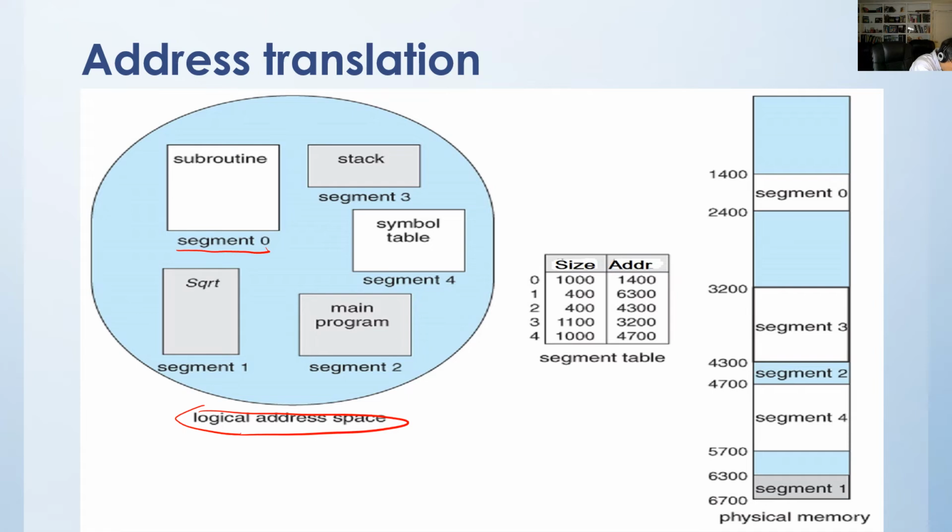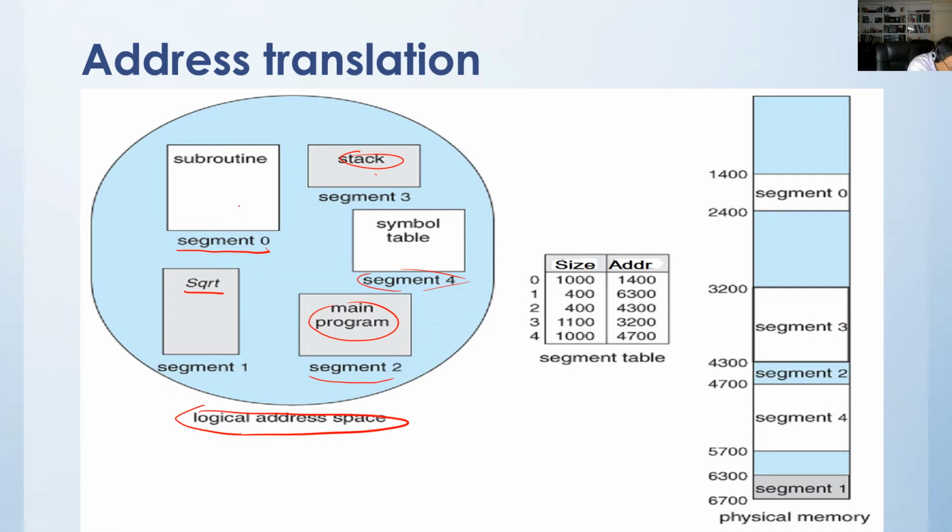And segment 1 is a function called square root, SQRT. And segment 3 is a stack. And then the main program is segment 2, so that's the main program. And then the symbol table, that's segment 4. So I have 5 segments.